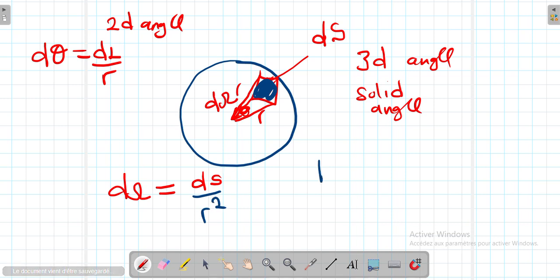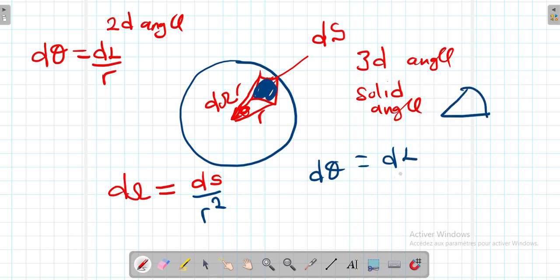Okay, then for the plane angle, it's dl, the arc length it subtends, over r. Then for a surface, it's ds over r squared. This is what you just need to retain.